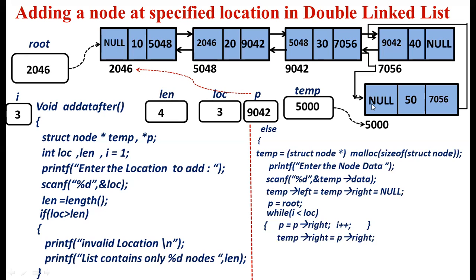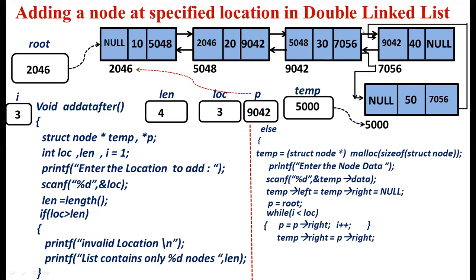So what is 5000? 5000 is nothing but the temp value, and the temp value we have to store into this location. So what is this location? It is the left location of 7056. But this location we are pointing to by P to right.